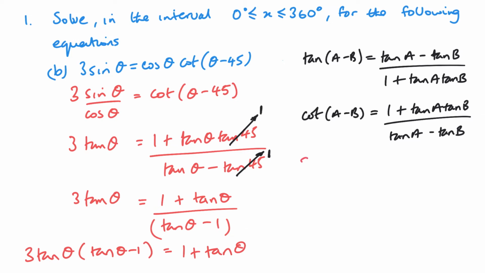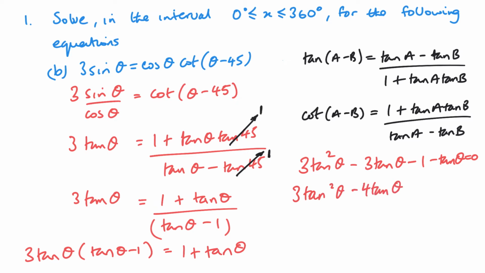So that is 3 tan theta squared minus 3 tan theta minus 1 minus tan theta equals 0. So 3 tan squared theta minus 4 tan theta minus 1 equals 0.